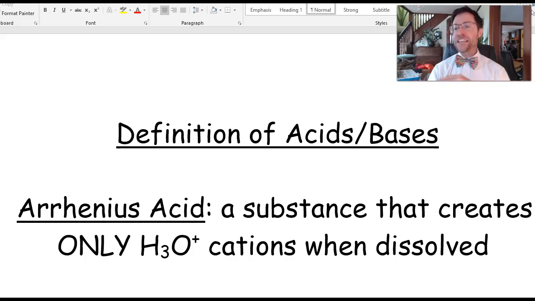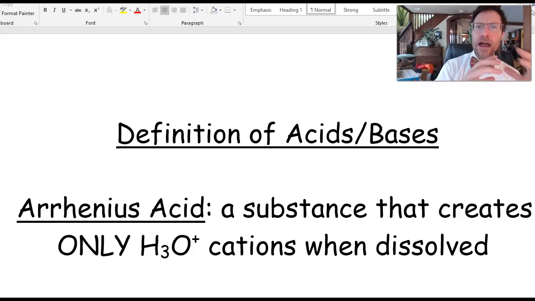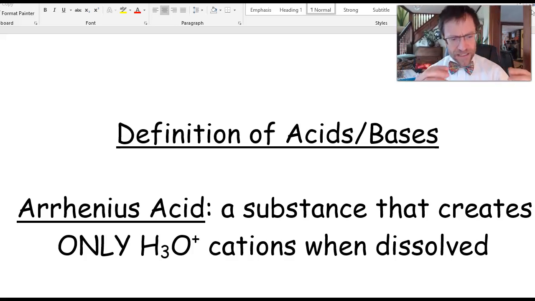Now, to say if a substance itself is actually an acid or a base is a little bit tricky because the substance, when it dissolves, interacts with water. And it's really how that substance interacts with water in the dissolving process that helps determine if it's an acid or a base.